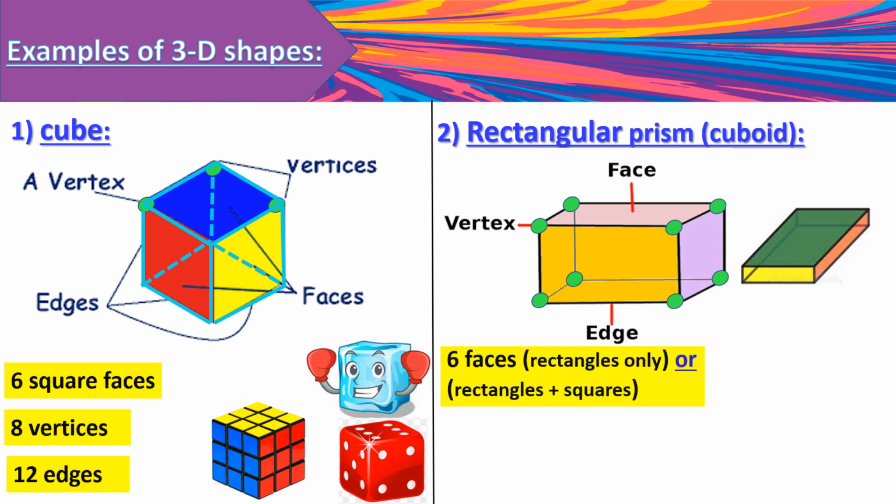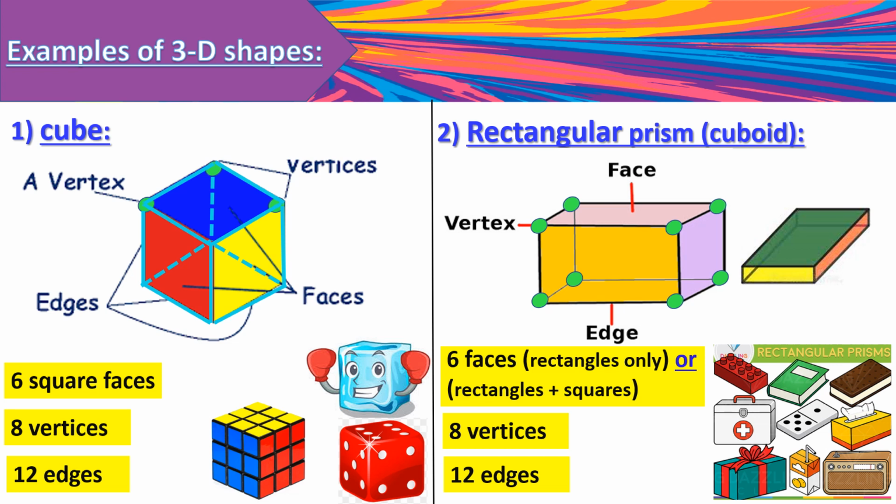So it has 6 faces, maybe rectangles only or rectangles plus squares, 8 vertices and 12 edges. We have some shapes in real life like a rectangular prism, like our book, maybe our gift boxes, and maybe the bottle of juice or pack of juice.